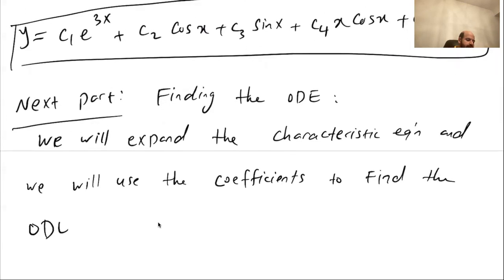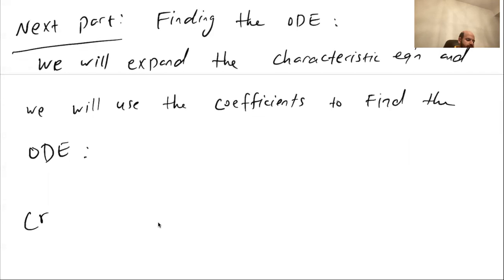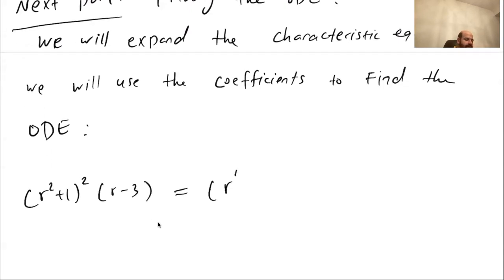So what is the characteristic equation? The characteristic equation is (r squared plus 1) to power 2 times (r minus 3). I can easily expand this just using high school algebra. Then I will have (r to power 4 plus 2r squared plus 1) times (r minus 3).